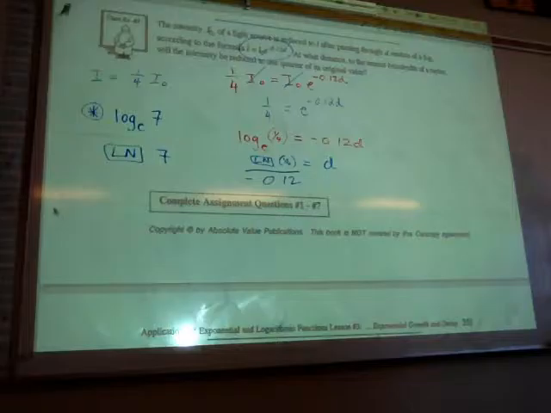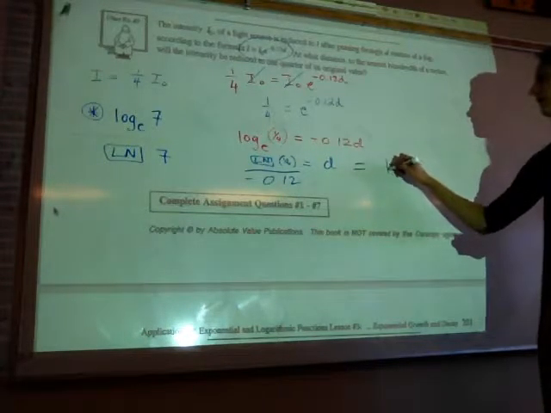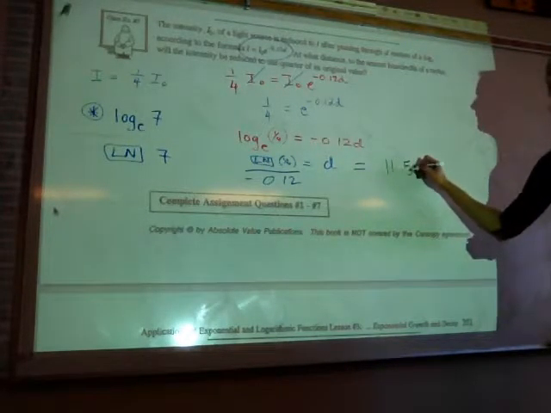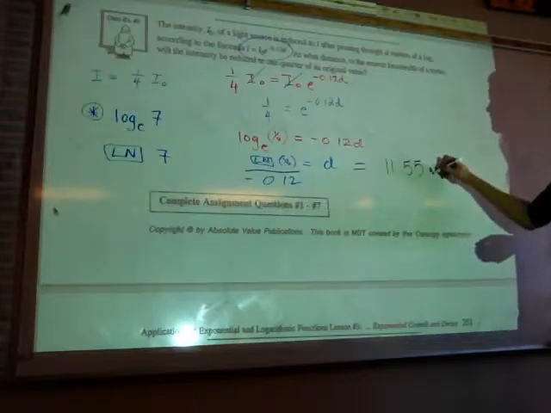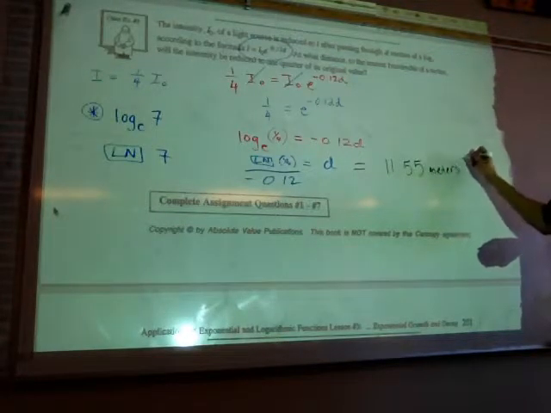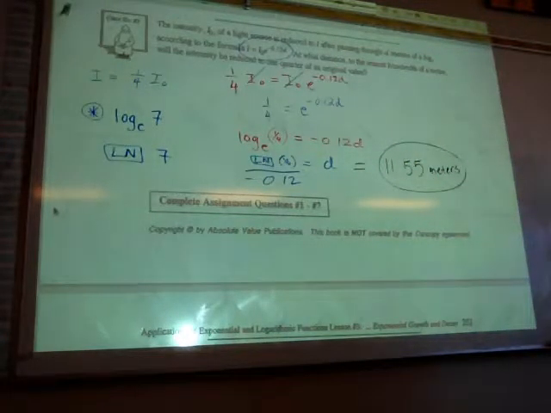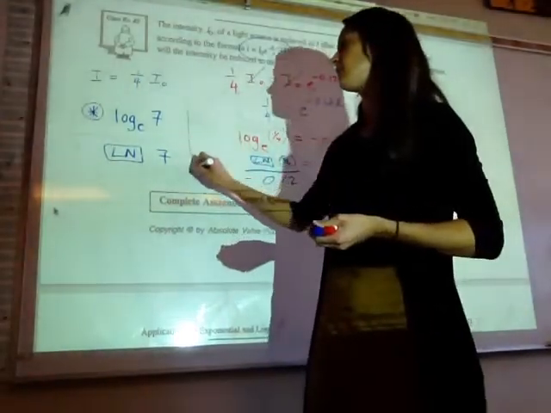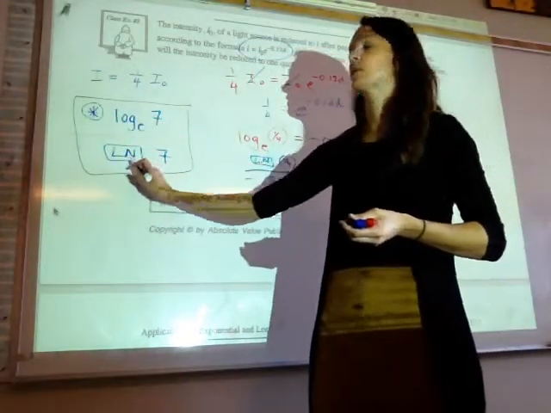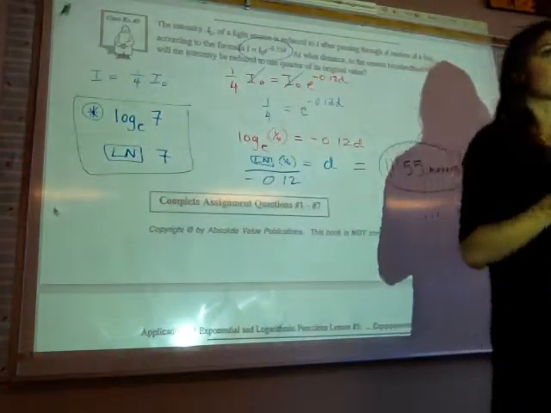So rounding, what do we get? Good. So just the main thing is if you ever see log base e, you can press ln and then the argument.